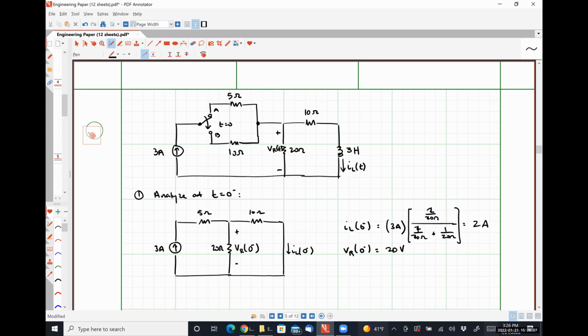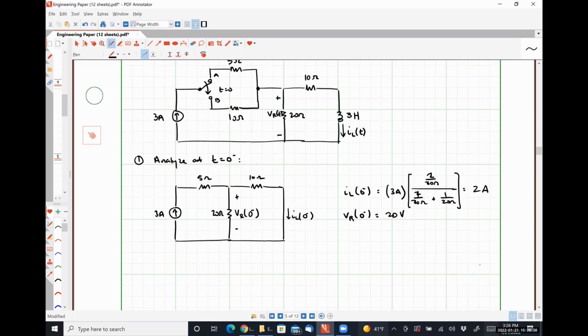So we have 2/20 over 2/20 plus 1/20, which is the same as 2/20 over 3/20, or 2/3 times 3 is equal to 2. So calculator better. I don't know. Sorry, that wasn't meant to be insulting or anything, but you got to put it in right. Okay. Any other questions regarding this analysis? All right, let's move along to t equals 0 plus.